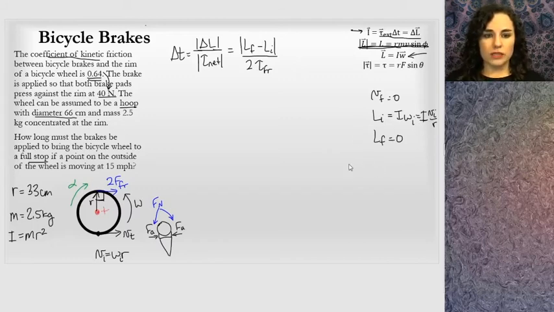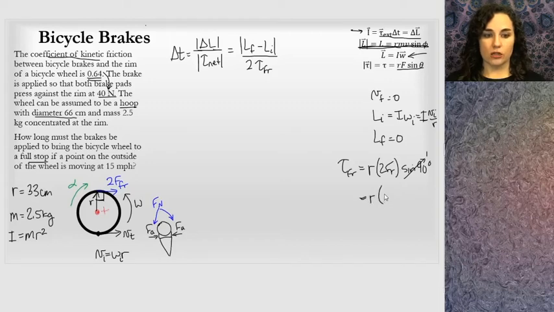The other term I need to think about here is the torque by the friction force. Torque, I have the equation up here, R F sine theta. We decided this is the R of the wheel. The force being applied is 2 of the friction forces, and they're being applied at 90 degrees. Sine 90 is 1, so I'm going to keep writing out here.